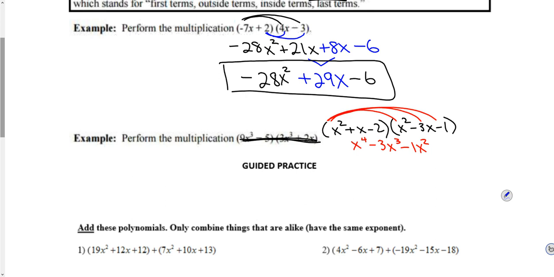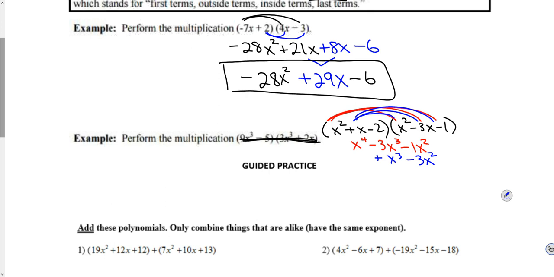Then I'm going to do the second one. So I'll take this and I'll do that 3 different times. Now, when I do that, I'm not going to go in a straight line and have this enormously long problem. I'm going to start a new row, and I'm just going to match up the like terms. So when I have this x times x squared, that gives me x to the 3rd. So that's a positive x to the 3rd, so I'll put it right here. And then x times the negative 3x is negative 3x squared, so I'll put that right here.